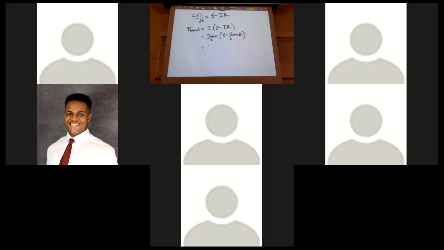Plugging in my numbers, this works out to be about 1.2 watts. So this is the rate at which power is being stored inside of the inductor at that time when the current is equal to half of the maximum. Okay?